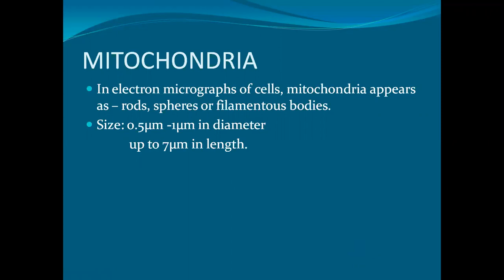First of all, we'll discuss mitochondria, which is also known as the powerhouse of the cell. In electron micrographs of cells, mitochondria appear as rods, spheres or filamentous bodies. The size is approximately 0.5 to 1 micrometer in diameter, and in length they are up to 7 micrometers.